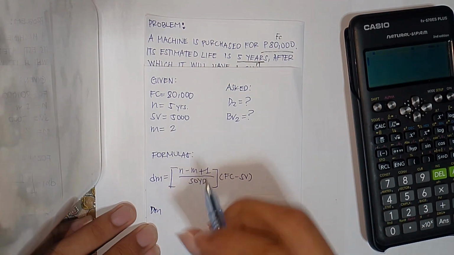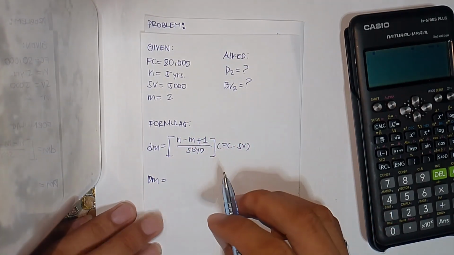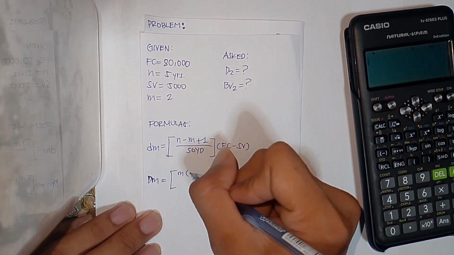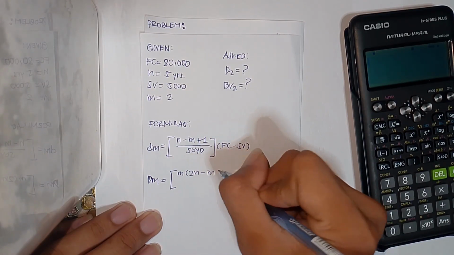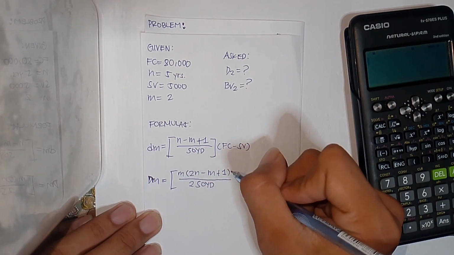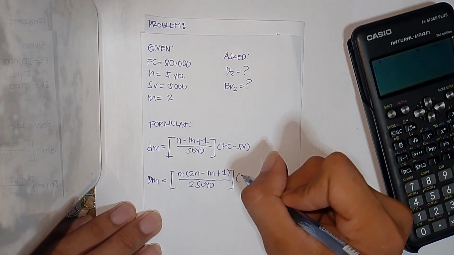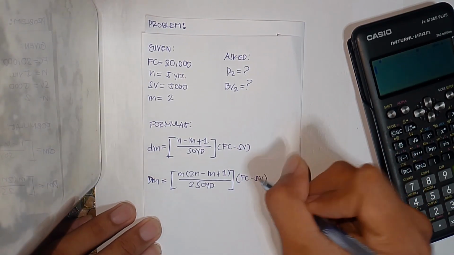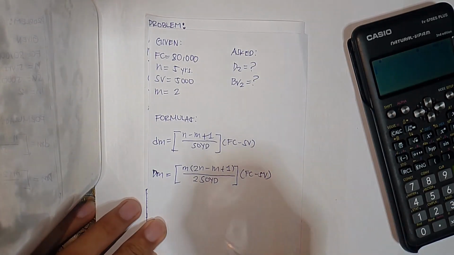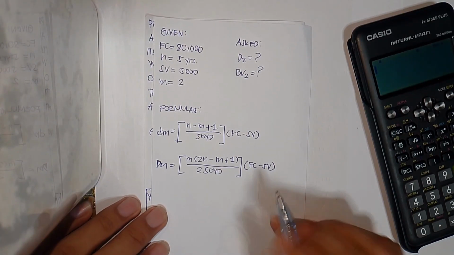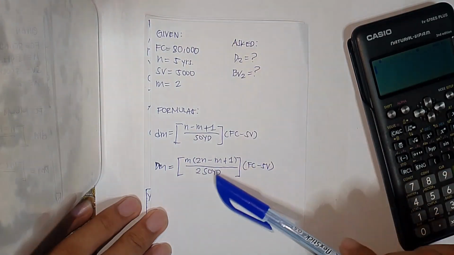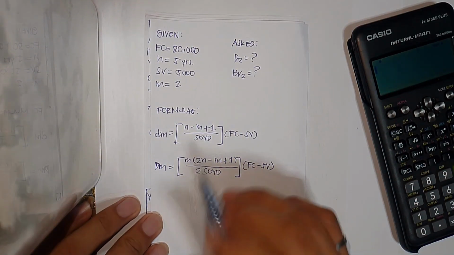The second formula is Dm equal to m (2n minus m plus 1) over 2 SOYD times first cost minus SB. In these formulas, we need to use the second one. Although these formulas have conditions on the given, I prefer to use the second formula.